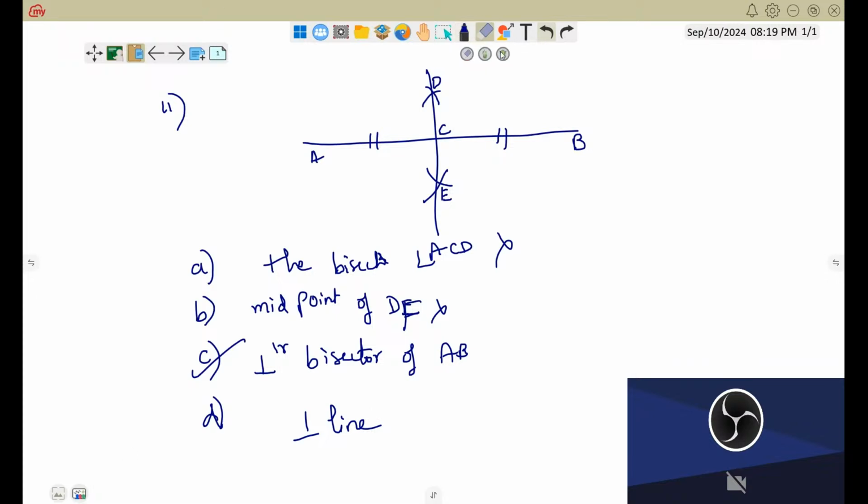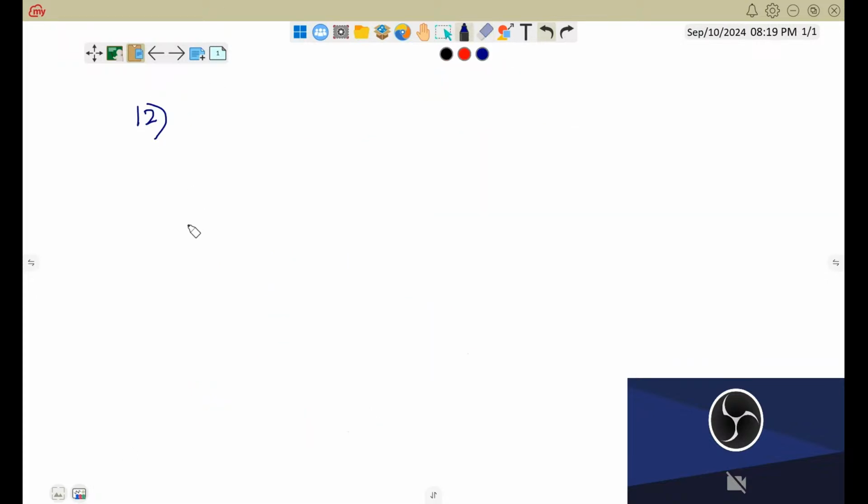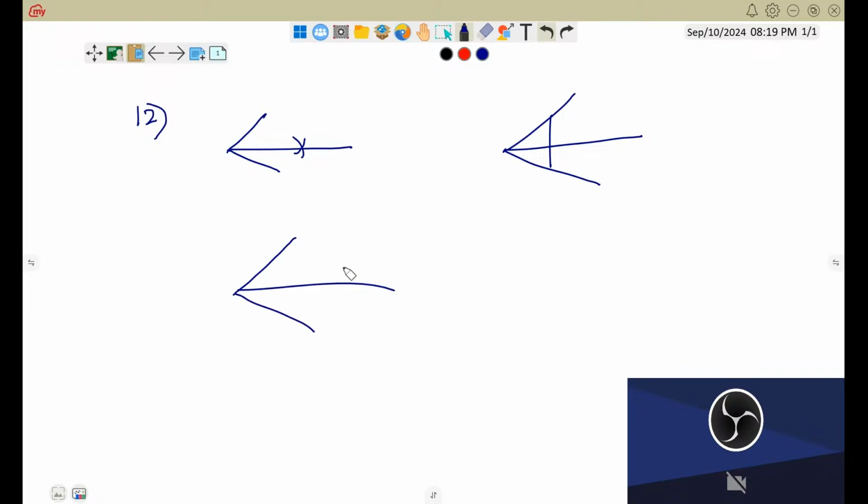And the last question is question number 12. Which diagram below shows a correct mathematical construction using only a compass and a straight edge? See, by using only a straight edge and compass, are we able to draw this diagram, or this diagram, or this diagram, or this diagram?